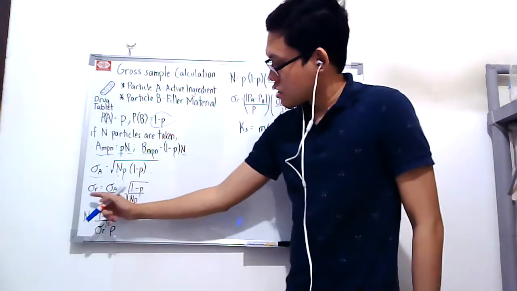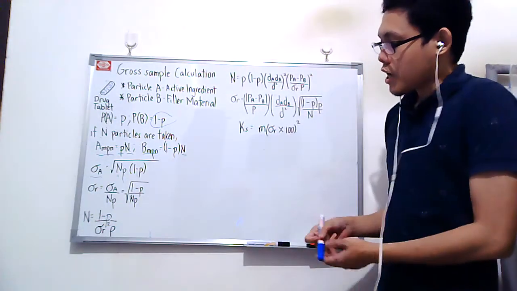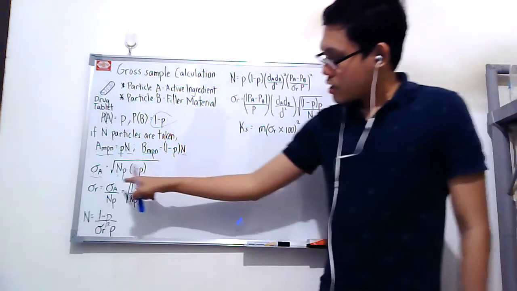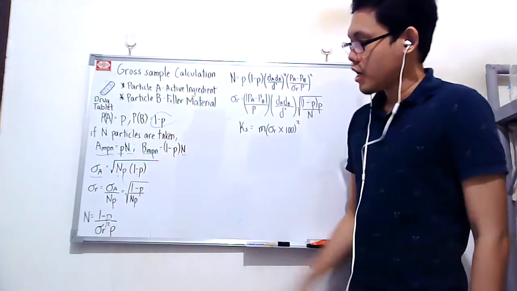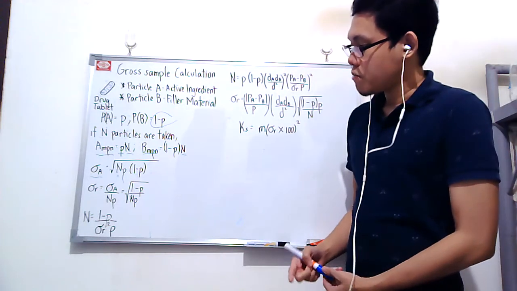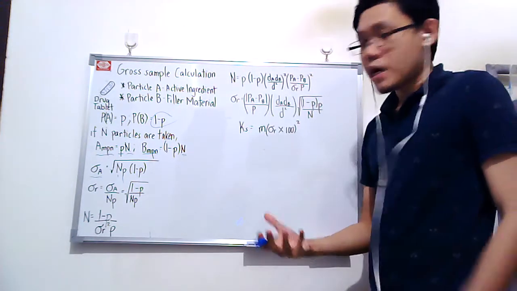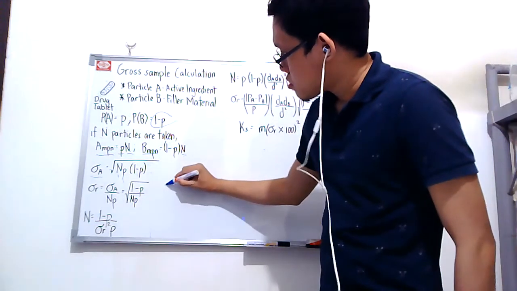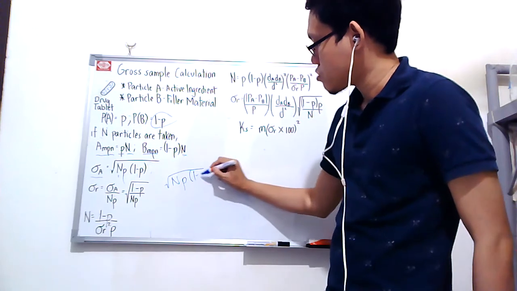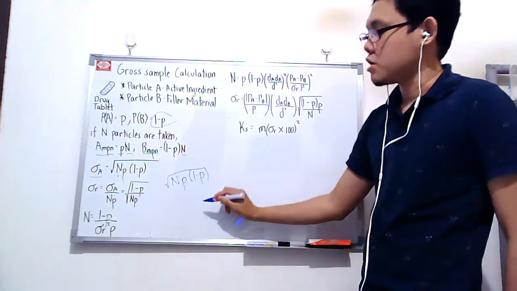Likewise, if you want to get the relative standard deviation, represented here as sigma r, it will be equal to the standard deviation of A over np, which is equal to the square root of 1 minus p over np. Madali lang yan makuha. Para makuha yan, you have your relative standard deviation equal to 1 over np, times the square root of np multiplied by 1 minus p.